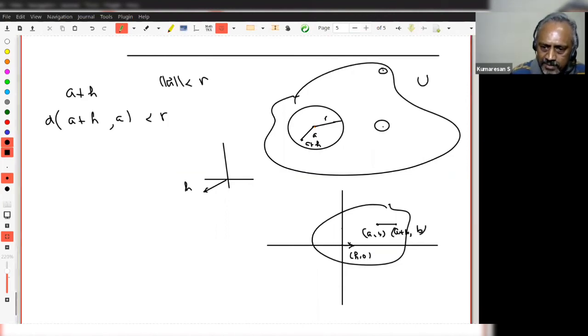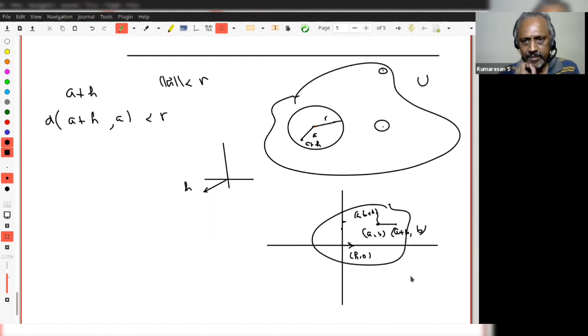And if my H is here, it will be A, B plus K. Are you following what I'm saying? I want you to always, whenever you are in doubt, go back to R2 or R3, try to understand what is happening geometrically, so that you do not play only with symbols. That is also important, but at the same time, you should build your imagination and intuition.